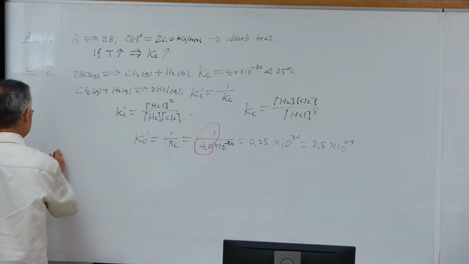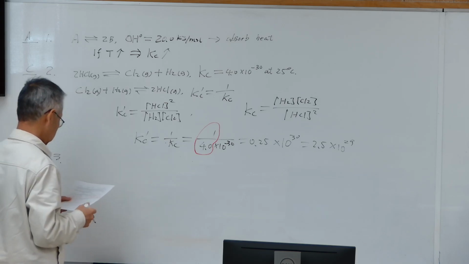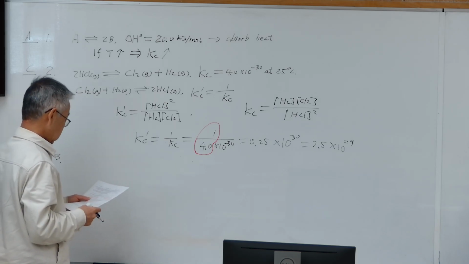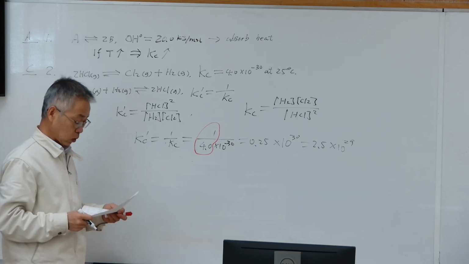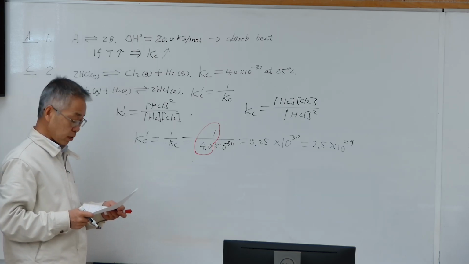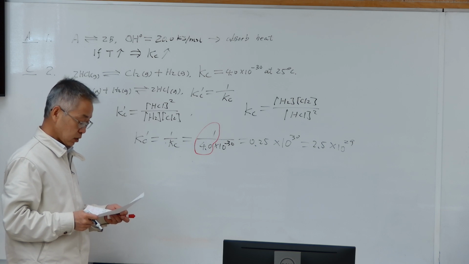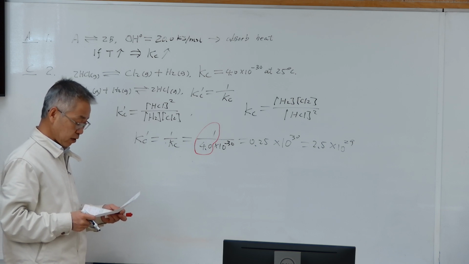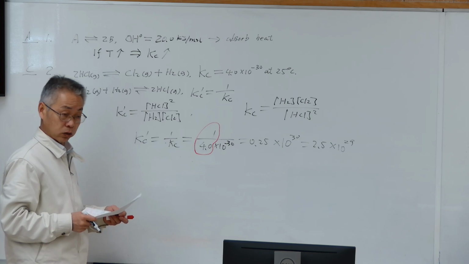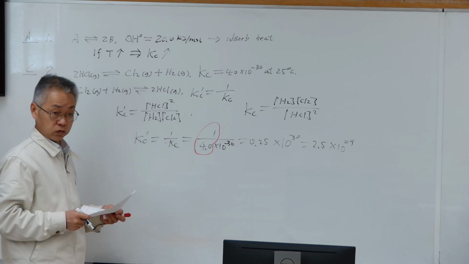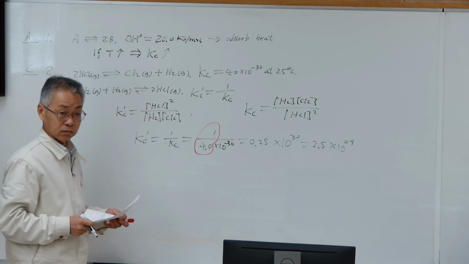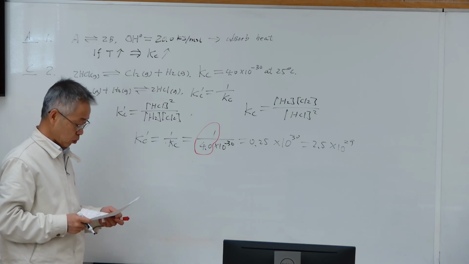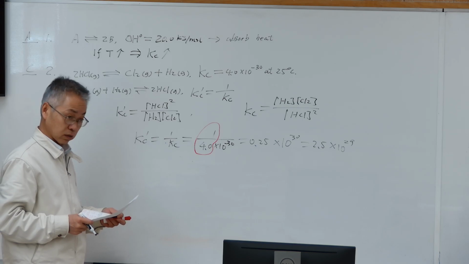Question 3 asks you to write the equilibrium constant Kc and Kp if applicable for the following reactions. I reminded everybody at the beginning of the quiz that Kp only applies to reactions involving gas. If no gas is involved, then no Kp.